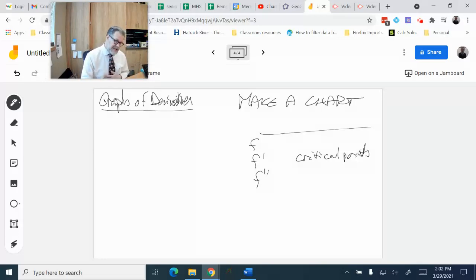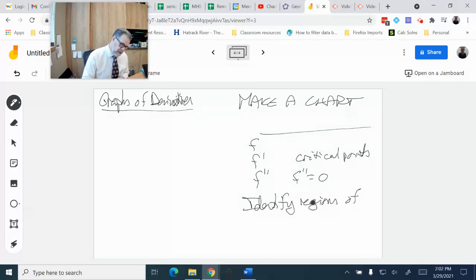Put on your second derivatives equal to 0. And then start analyzing, and then identify regions of positive and negative for both.